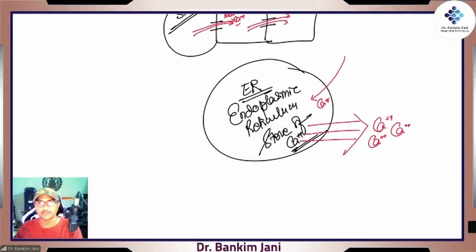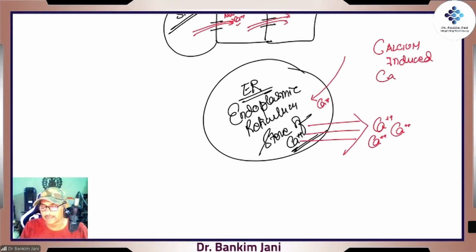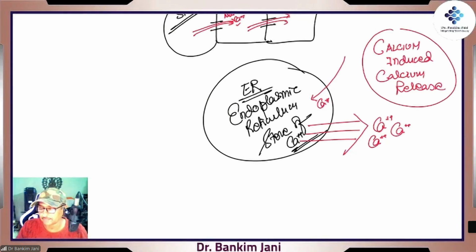So that's why this is called calcium induced calcium release. A small amount of calcium is inducing the release of a large amount of calcium by opening the gates of the endoplasmic reticulum.